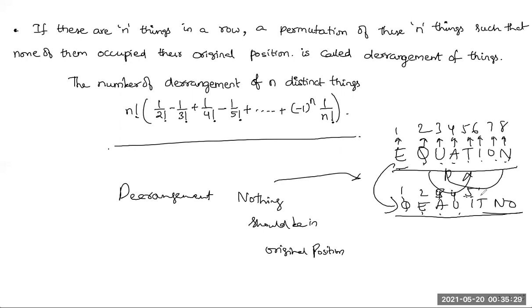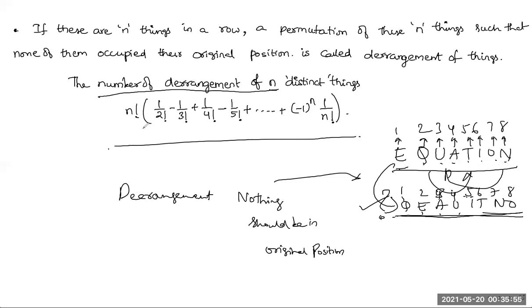Similarly, they are not in their original position. So this is one example of derangement. So the number of derangements that are possible when n distinct elements are given. Okay. So what they're asking is, how many arrangements can we make that look like this, in which the elements do not occupy their original positions.